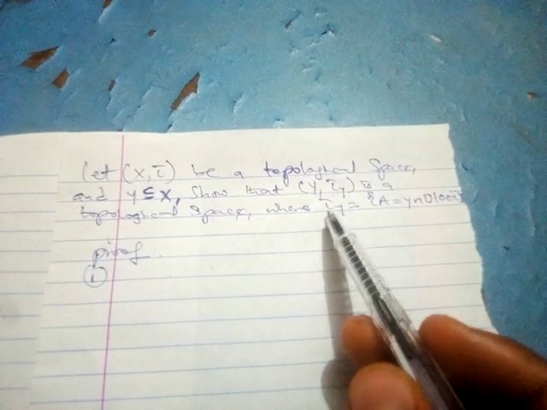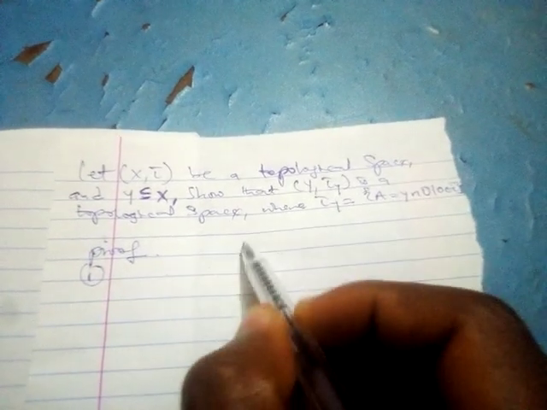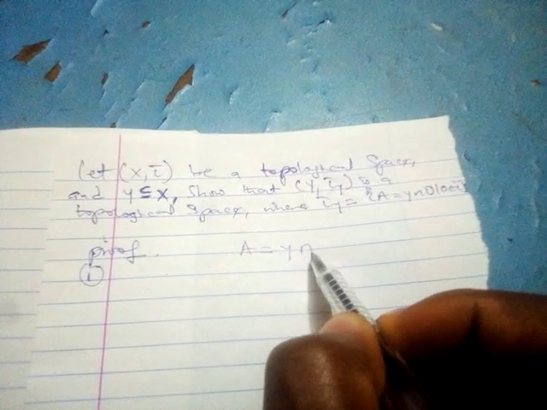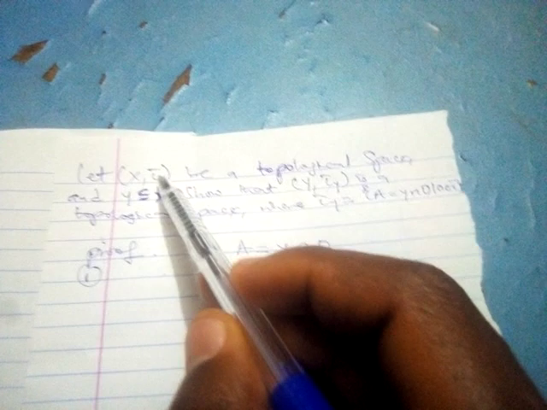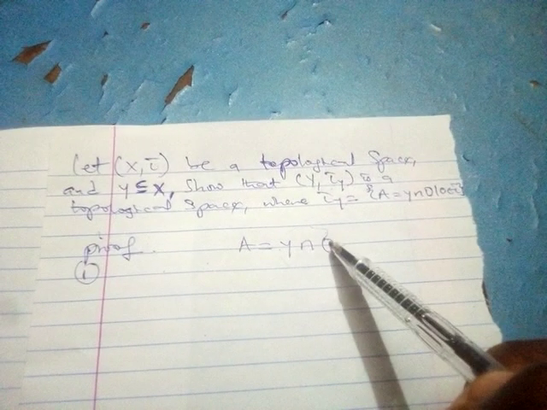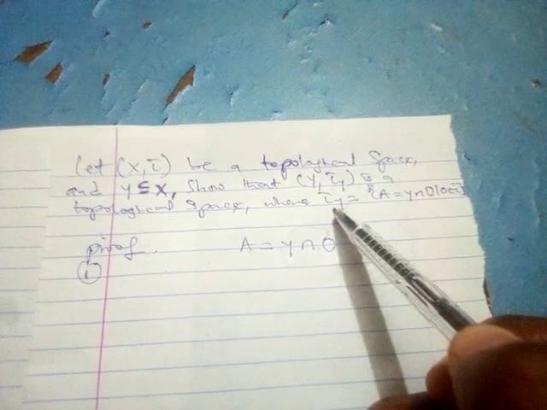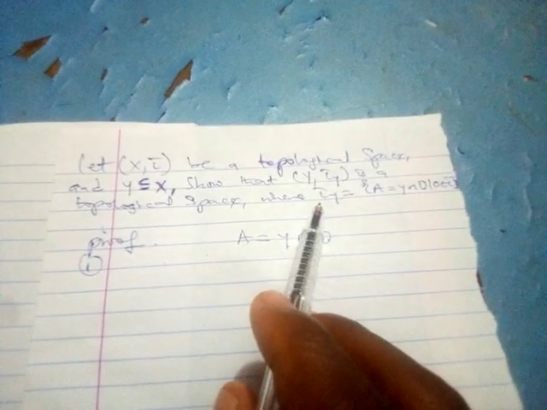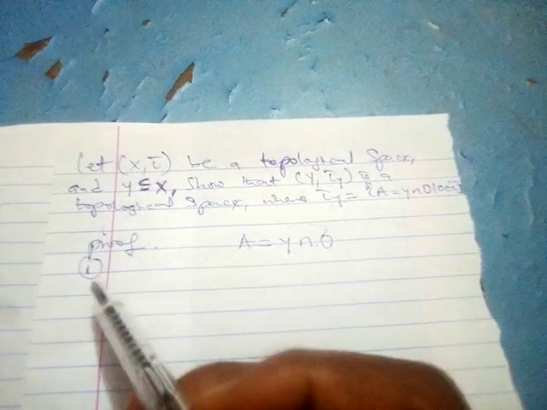We also know that A is an open set in this topology, and A here is defined as Y intersect O, where O comes from the topology on X. So for us to form an open set in this topology, we must find an open set from the topology on X and intersect it with Y. To show the empty set is in this topology, we know the empty set is open in X, since X is a topology.